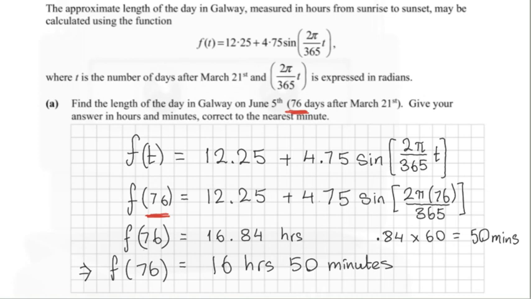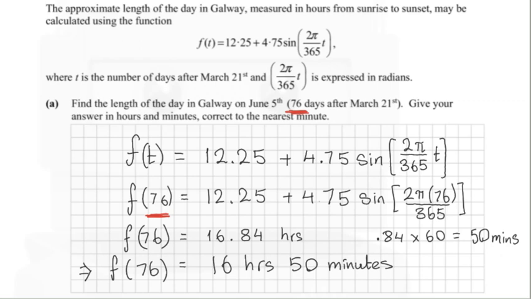I set my calculator to radians, because I have 2 pi inside the period. Substitute in your 76 and we get an output of 16.84 hours. Multiply the 0.84 by 60 and we can get it in hours and minutes.